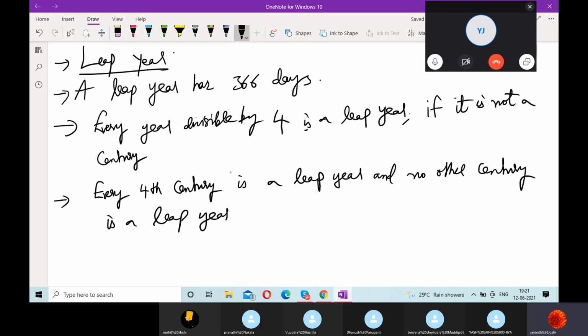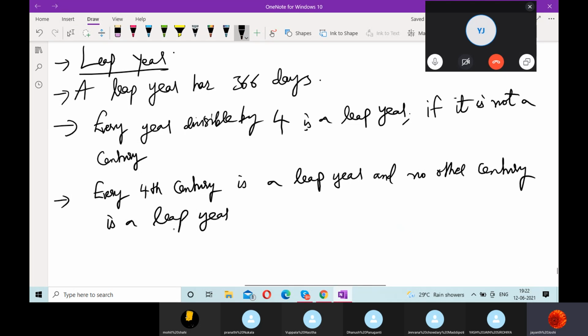For example, 1300 is also a century, but it is not a 4th century. 4th centuries are 400, 800, 1200, 1600. All those are leap years, but not every century is a leap year. Only every 4th century is a leap year.